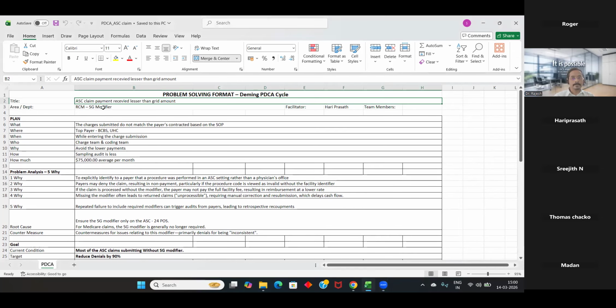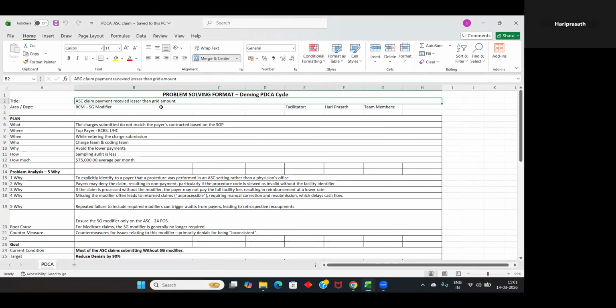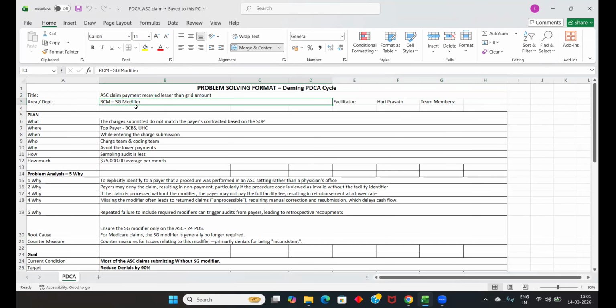Okay, this is regarding the modifier SG we are using in the ASC billing. This is one of the mandatory modifiers we use in ASC for all the surgical procedure codes, except Medicare. Most commercial payers require this SG modifier.